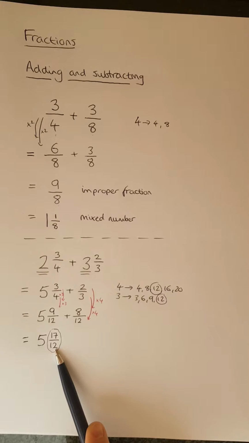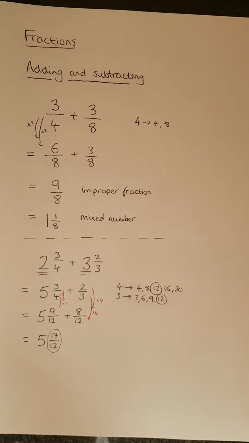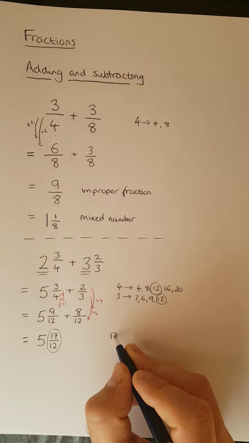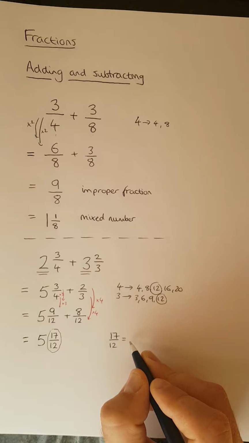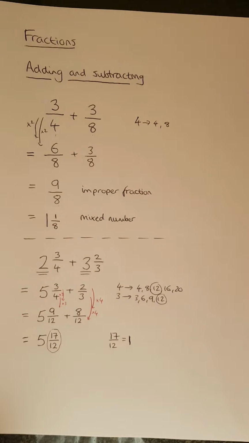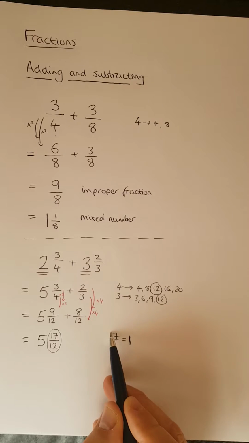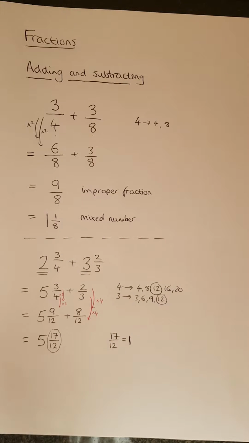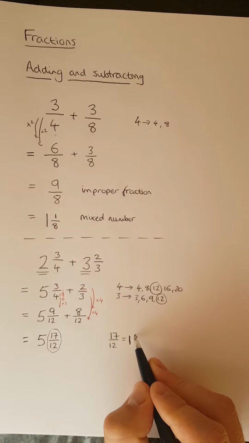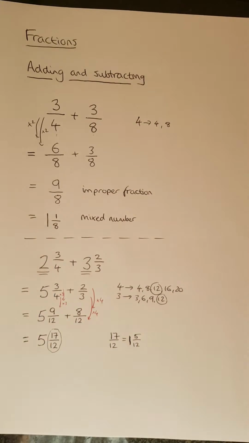We know that 12 pieces makes up a whole one, and we have 17. So we actually have enough pieces to make one whole one. How many will we have left over? Take 12 of these away. Well done if you got that.